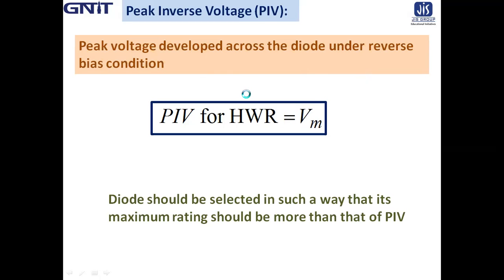The voltage across the diode under forward bias condition is very small, of the order of cut-in voltage. But under reverse bias condition, the total input voltage would appear across the diode and the maximum voltage is Vm in a half wave rectifier. Thus, PIV for half wave rectifier is Vm.